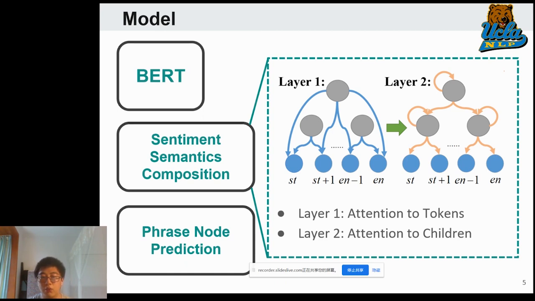In the second layer, we refine these phrase representations obtained from the first layer based on the constituency parsing tree. Another attention layer is used to generate the phrase representation based on its children's representations coming from the first layer. It allows the model to aggregate the sentiment information based on the hierarchical structure.